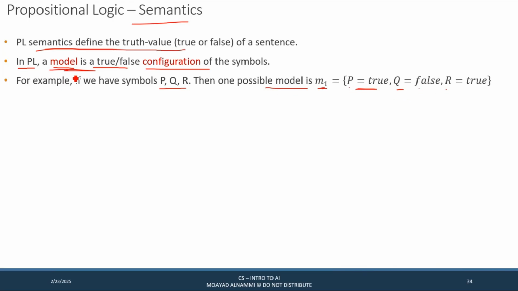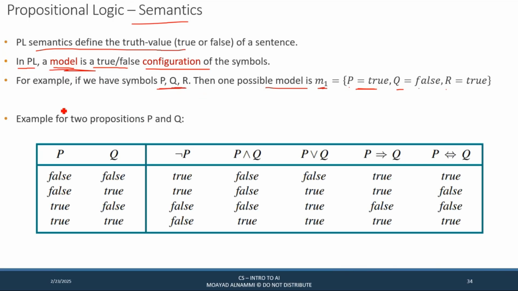That is one possible model for these three symbols. An example of the possible models for the two propositional symbols P and Q, you can have this, and these are some examples of the simplest sentences you can form, and these are their semantic truth values.